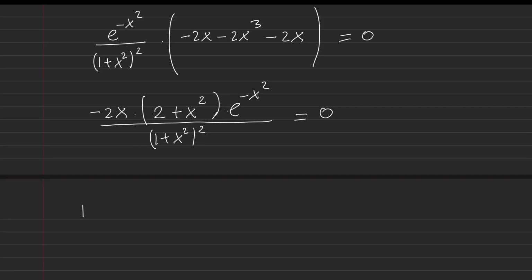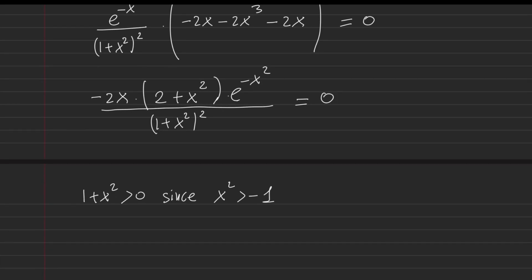Because 1 plus x squared is always bigger than 0, since x squared is always bigger than minus 1, right? Because it's always positive. So the denominator is not a problem either. For the same reason, 2 plus x squared is always bigger than 0, since again x squared is bigger than minus 2, so it's always positive.